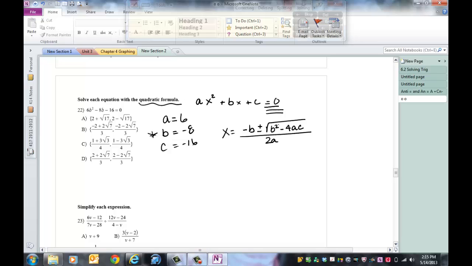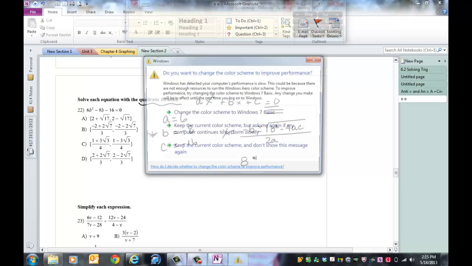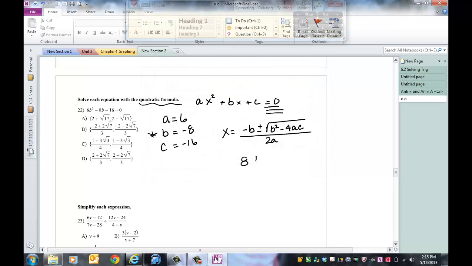Keep in mind when you're squaring it, any number squared is always positive. So opposite b, b is negative, so this is going to become a positive. Plus or minus, I have -8 squared minus 4 times 6 times -16 all over 2 times a.